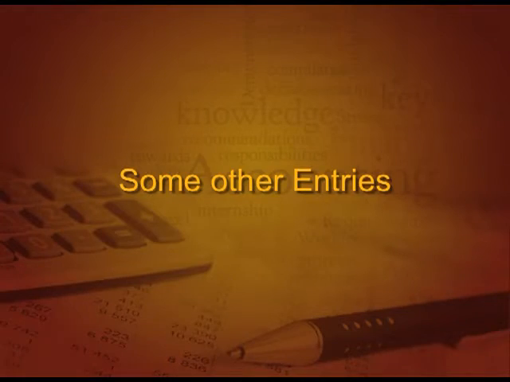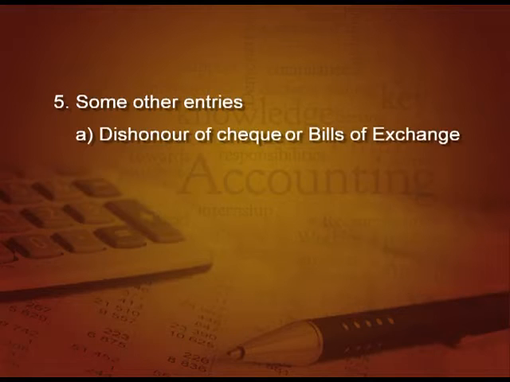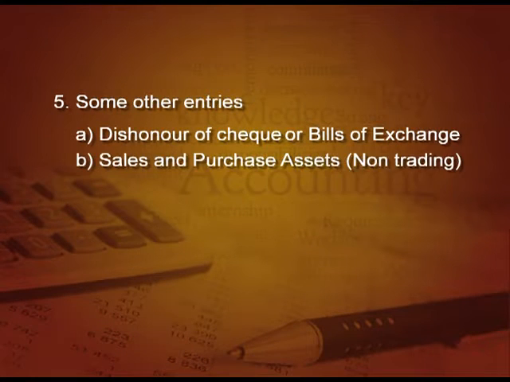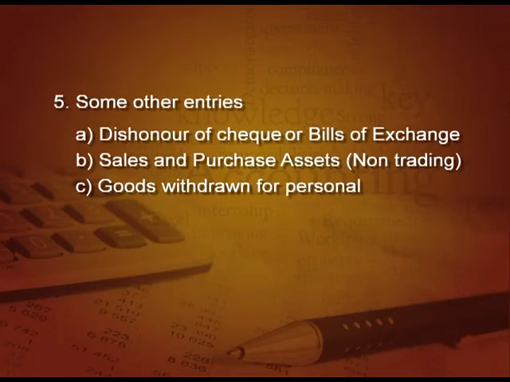There are some other entries which do come in this. Let us see them quickly. Dishonor of cheque or bill of exchange. Next, sale or purchase of asset on credit, because cash sale or purchase will go in cash book. Next, goods withdrawn for personal use, that is drawings of goods.